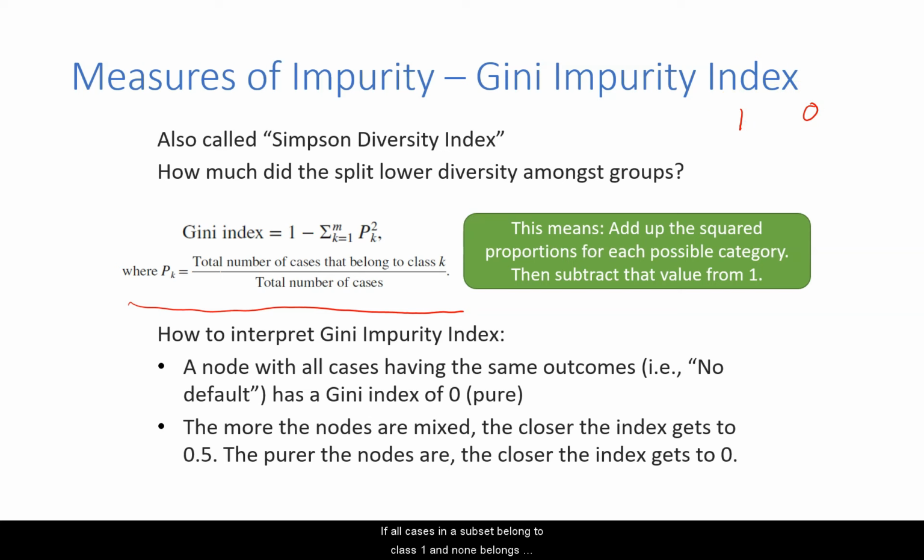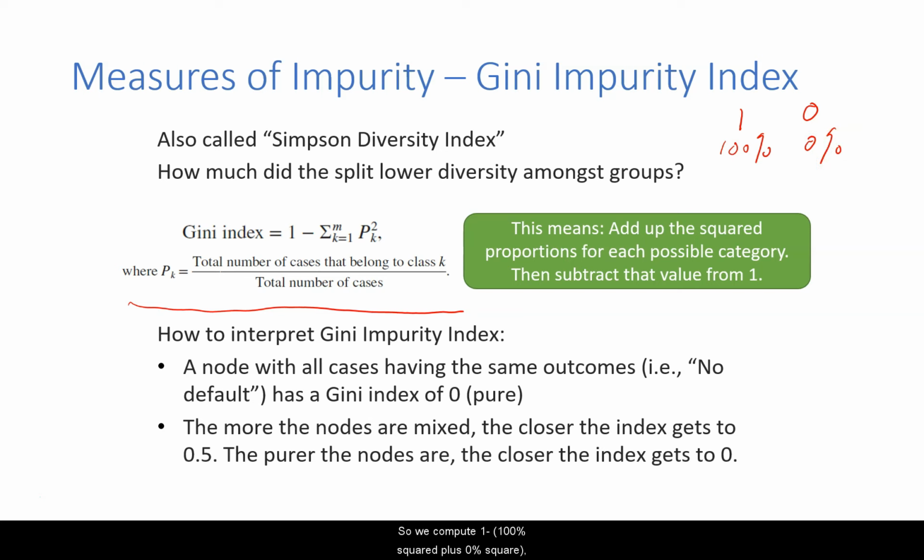If all cases in the subset belong to class 1 and none belongs to class 0, then the proportion for the class 1 cases is 100%, and the proportion for the class 0 cases is 0%.